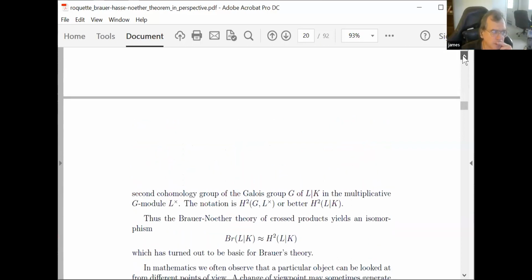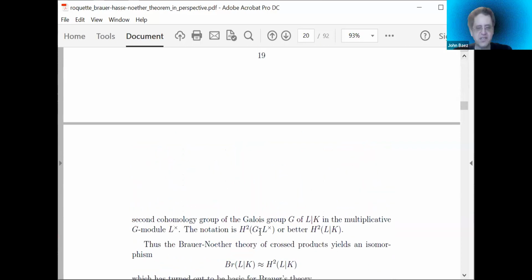Which is a really simple idea: instead of looking at H2 of the Galois group with coefficients in L star, you could look at H3. I've thought about that stuff from the point of view of mathematical physics.